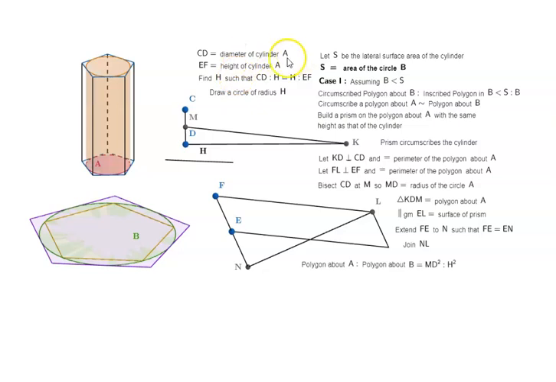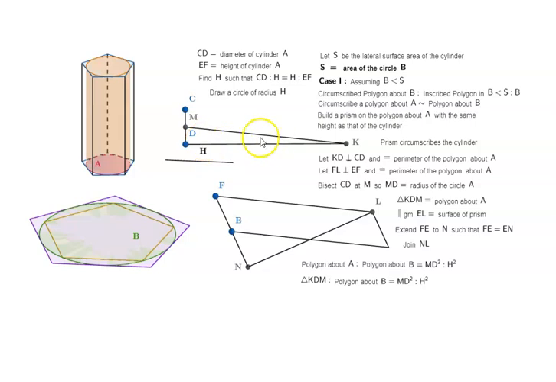CD is the diameter of cylinder A, which means half of it will be the radius. And for polygon about B, that is H. So since they are in duplicate ratio of the radii of the circles about which they have been circumscribed, it would be MD square is to H square.